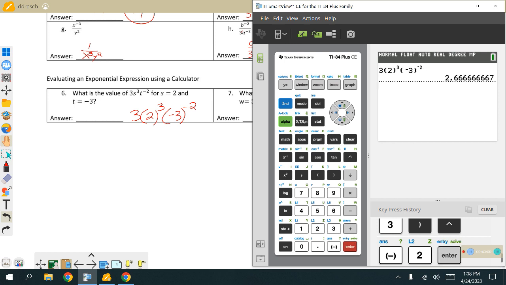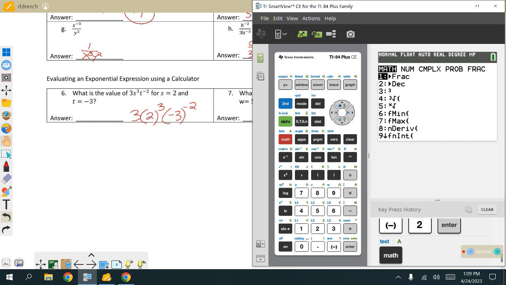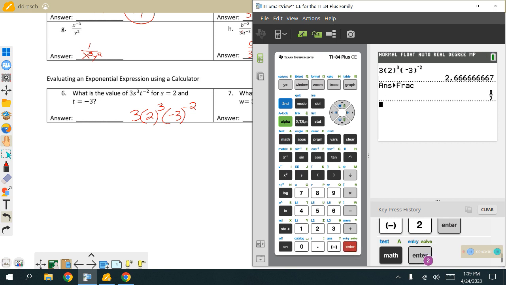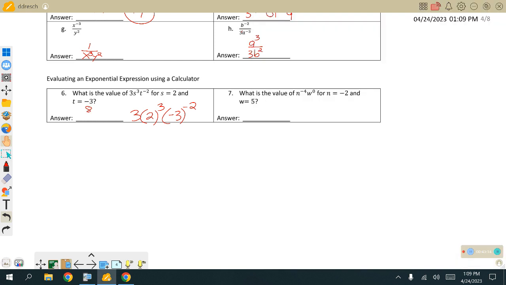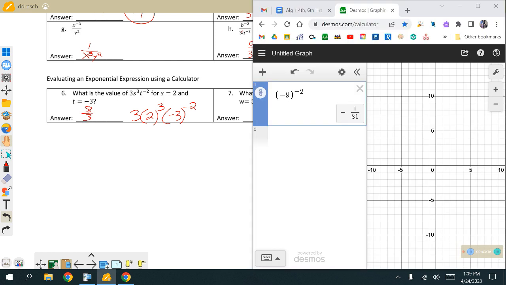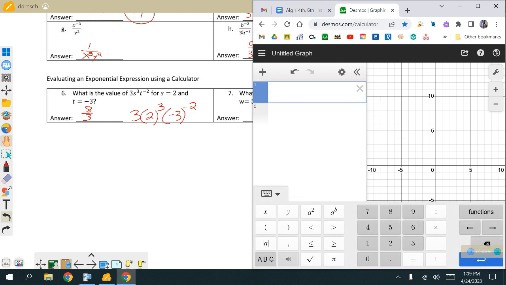did somebody get 2.6 repeating? Cool. I don't like that though. So change it from a decimal over to a fraction. And what'd you get? That's what I want to hear. Desmos people, did you get the exact same thing?